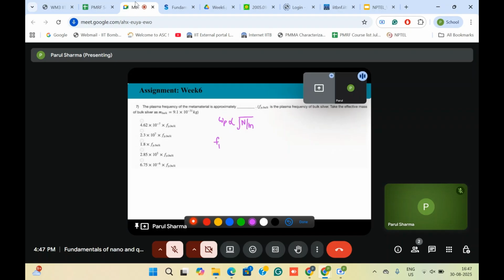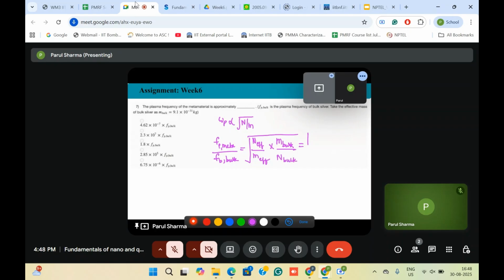So Fp meta upon Fp bulk, we can write as n effective by m effective into m bulk upon n bulk.